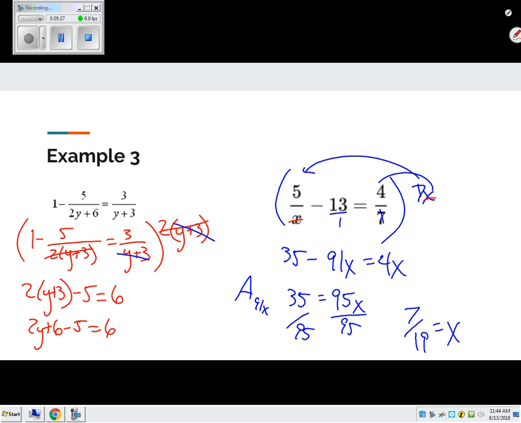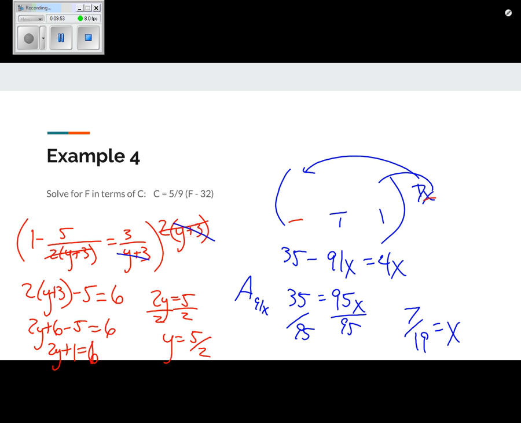Let's see, this is just going to give me a 1, so this is 2y plus 1 equals 6. I'm going to subtract 1 from both sides. And divide by 2, I get y equals 5 halves, 2.5, any of those answers are fine on this one.